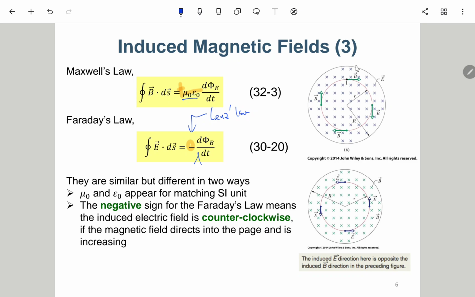But for Maxwell's law, in this case, if the E field is pointing into the page and increasing, just like this one, the induced B field will be clockwise. Okay, this is opposite to it due to this negative sign.